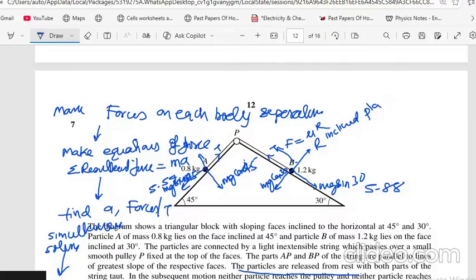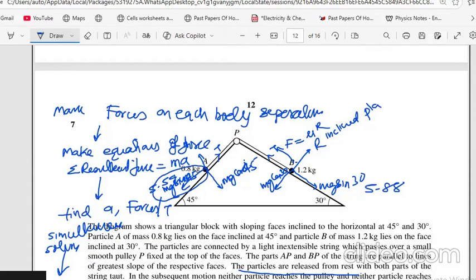Look, this was without the friction. Tension was here, and we found this was bigger.